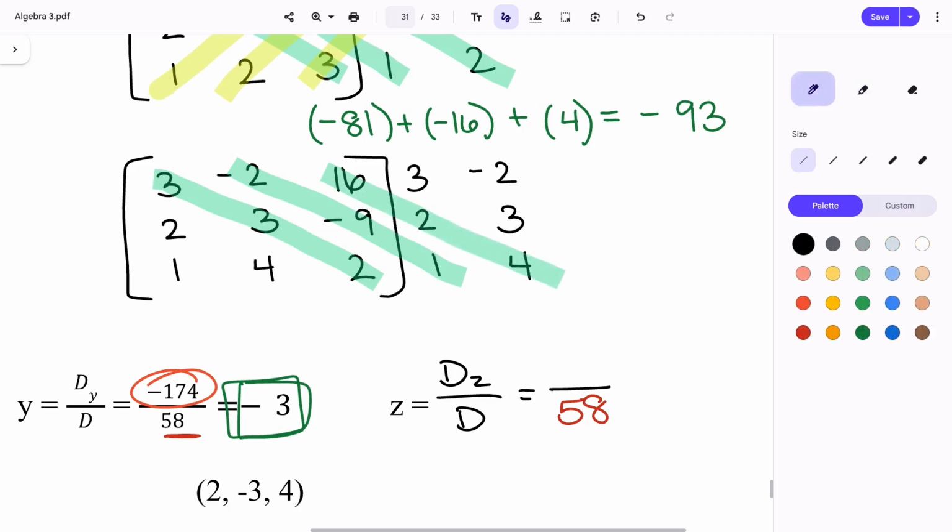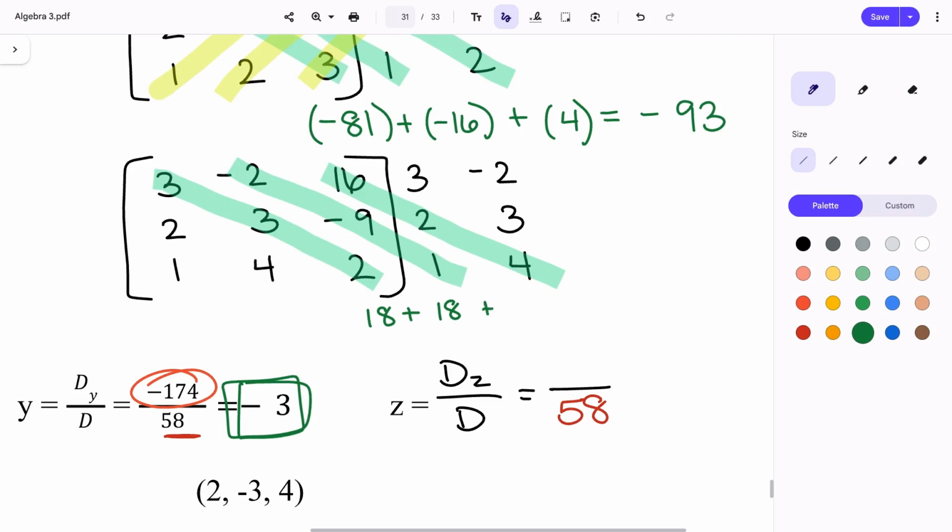Let's take care of these first. What would these products be if you start multiplying along the diagonals? 3 times 3 times 2? 18 plus, I think it's positive, right? Because it's a negative times a negative.